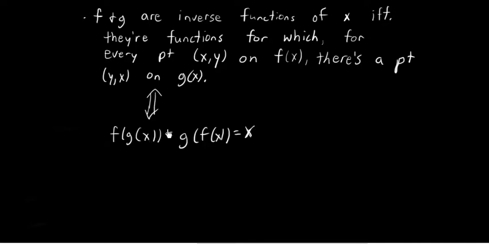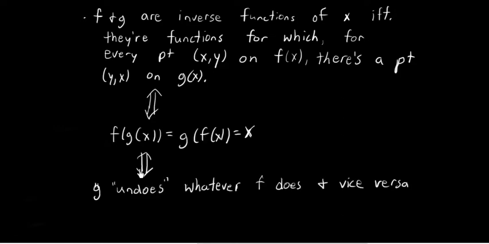Or in other words, both the compositions f compose g and g compose f of x equal x. And this is in turn the same thing as saying that g undoes whatever it is that f does, and vice versa. So f undoes whatever it is that g does.